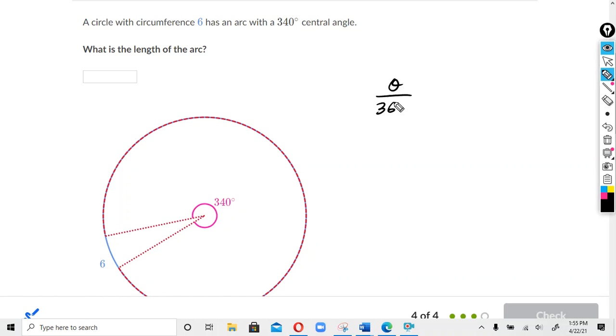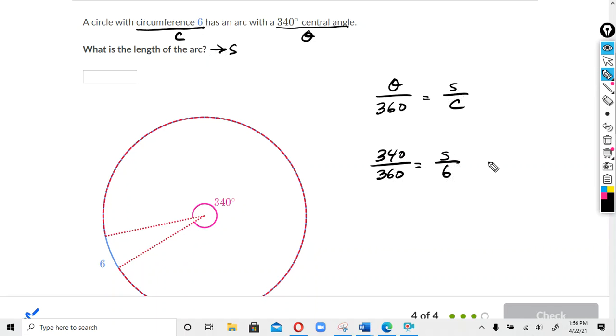Theta over 360 equals S over C. A circle with circumference 6, that's C, has an arc with a 340-degree central angle, that's theta. What is the length of the arc? That's S. So we're solving for S. Theta is 340 divided by 360. We're solving for S, and C equals 6.